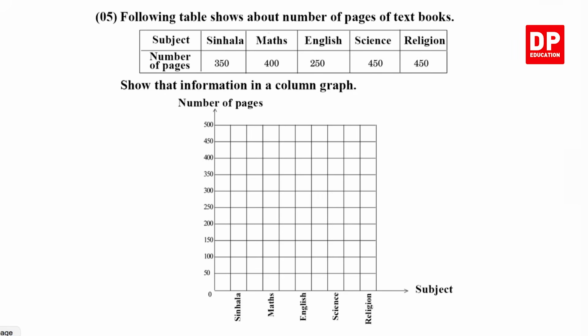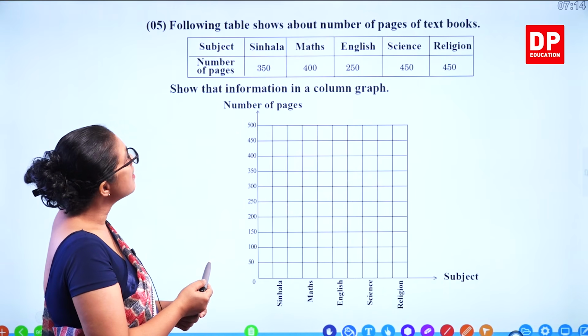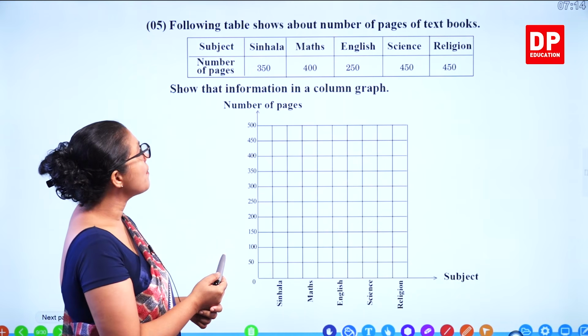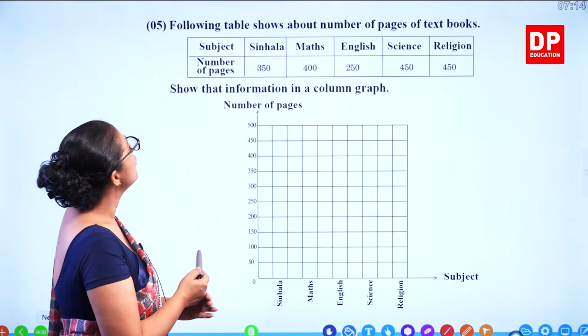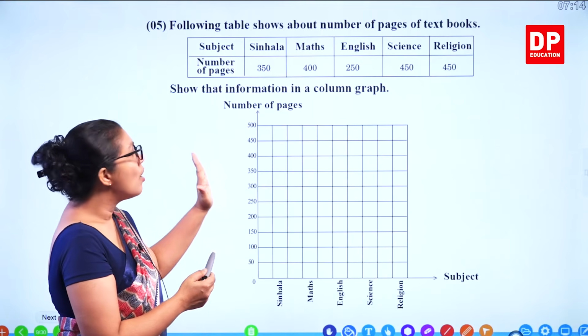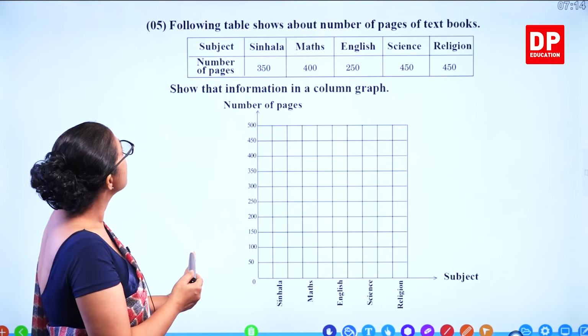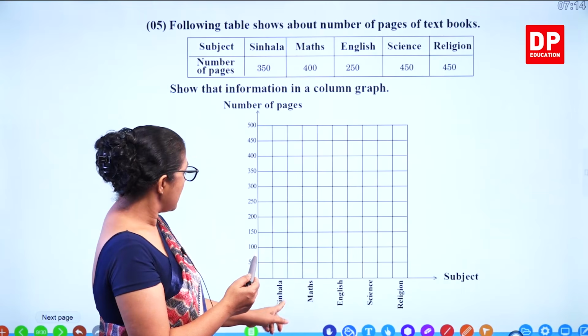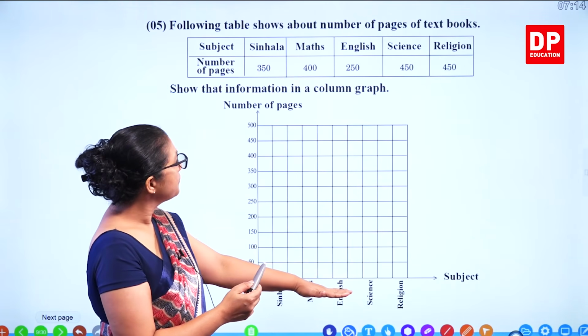Look at this example. Following table shows about number of pages of textbooks. Sinhala, Maths, English, Science and Religion. Show that information in a column graph. So numerical value in the vertical side and the labels category is this way. So Sinhala, this is the subject.